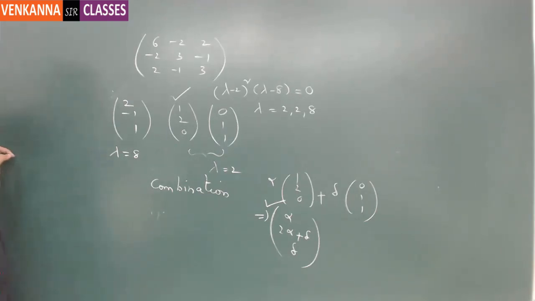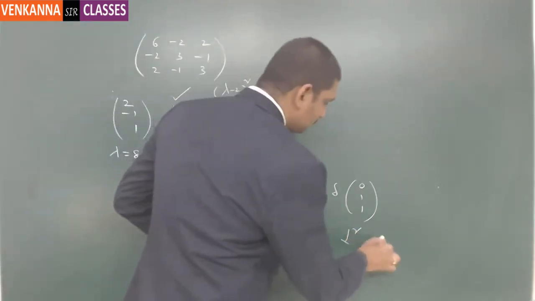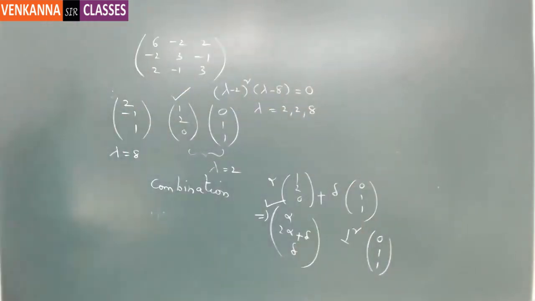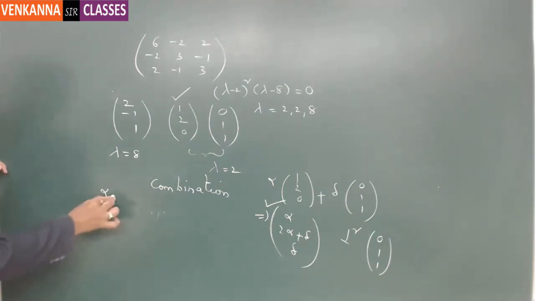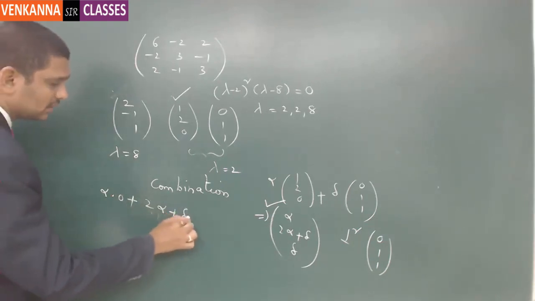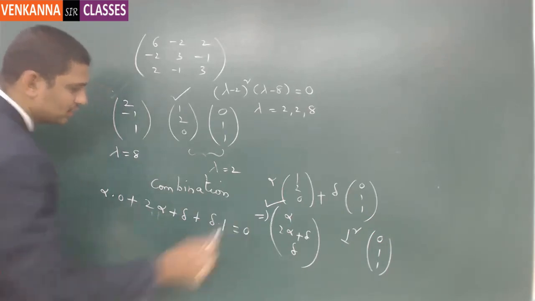So how to determine the values of alpha and delta here? If you observe, this vector is perpendicular to 0, 1, 1, hence the dot product must be equal to 0. So alpha into 0 plus (2 alpha plus delta) plus delta into 1 equal to 0.